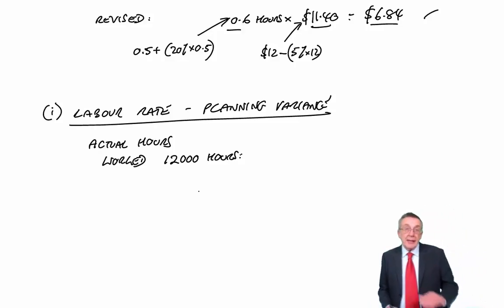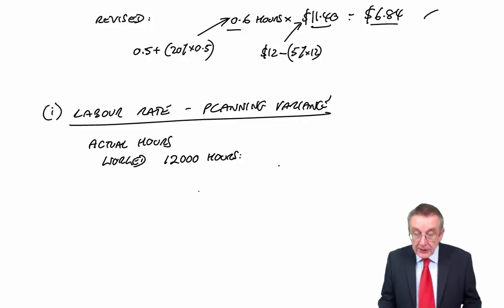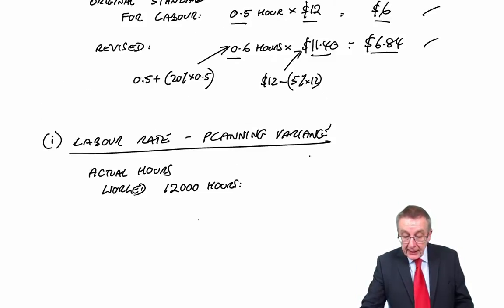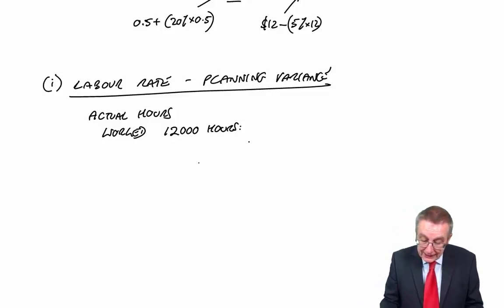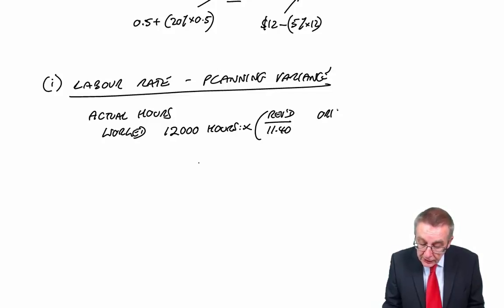And to look at the effect of revising the rate, we cost it out at the difference between the original standard rate of $12 an hour and the revised rate. So the revised rate, we changed to $11.40. The original rate was 12.